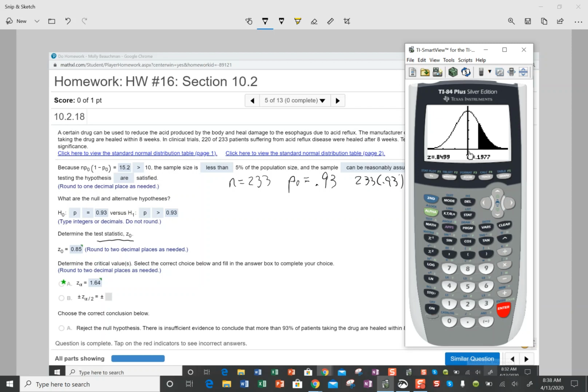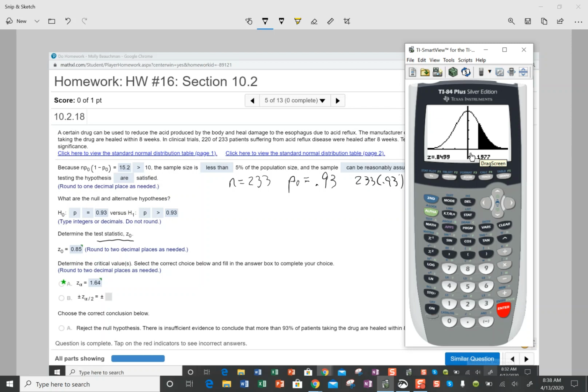Our sample was 220 out of 233, so that proportion lands here. What that means is that it's 0.85 standard deviations away from the mean. The question is, is that unusual enough to say that it's different from 0.93? Is it really greater than? Or is it not far enough away from 0.93 to say that?